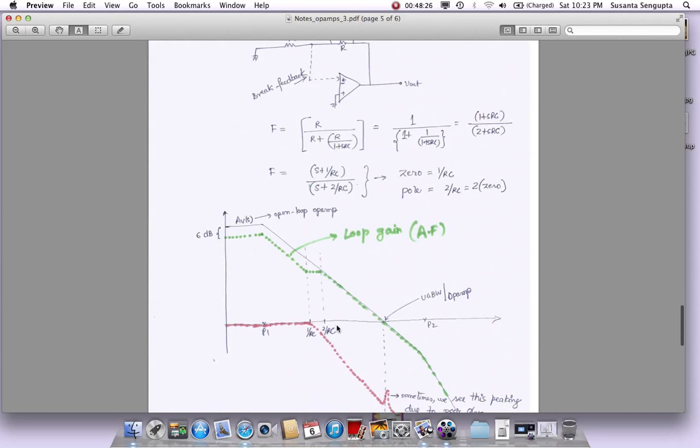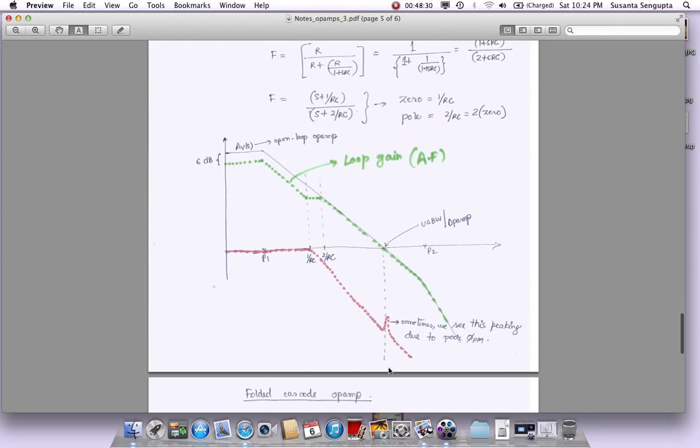Are you trying to filter things which are close by to this pole, or do you also care about things which are say 10 times away from this pole? If you do care about any jammers or interferers that you're trying to filter, this peaking is not good. So you have to go back and improve your phase margin, improve your stability to make sure this peaking is less and less. That is another thing that you might get surprises on when you put it in.